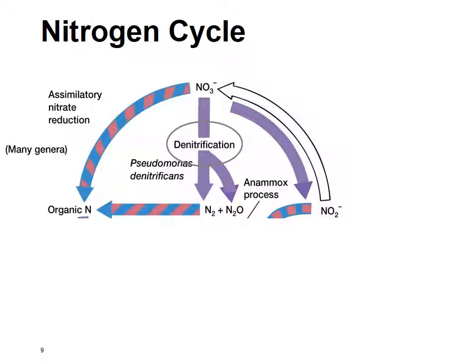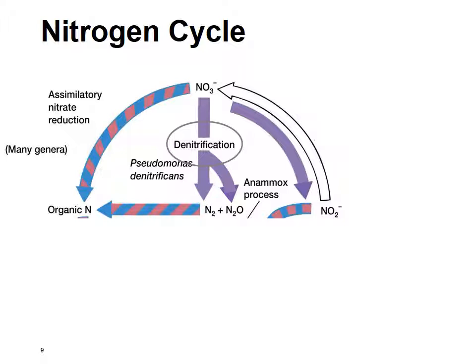This occurs through a series of reactions that are collectively known as denitrification, and that's circled here within this cycle. This process, in which nitrate's used as an electron acceptor, usually involves heterotrophs such as Pseudomonas denitrificans.